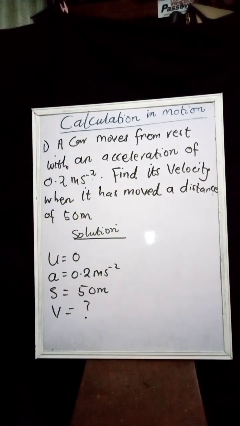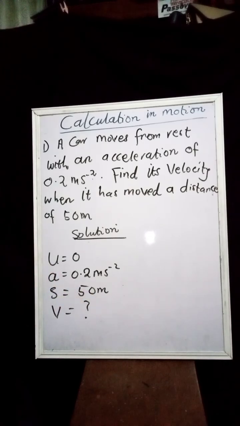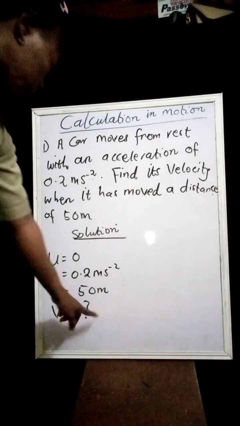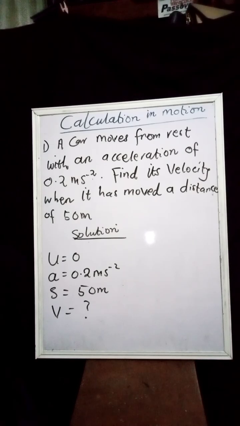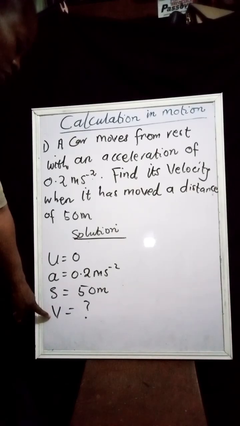It means that our distance here is 50 meters, and the final velocity is what we are looking for. So, just as we have said, which of the equations contains the three variables that were given and the one that we are required to find? In this case, we are required to find one of the unknowns.